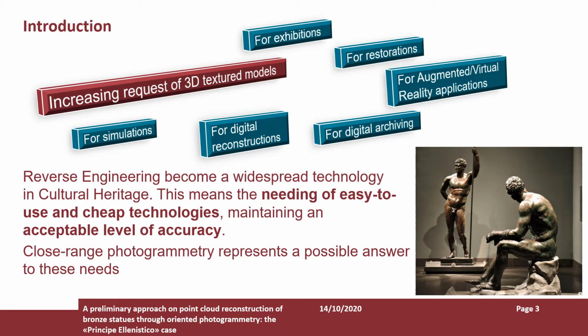In addition, due to difficulties connected to the particular shapes and geometries we have to face, and to the huge number of artifacts that may need to be acquired, it is important to reach a compromise between the accuracy and the speed, which has to be as high as possible, and the cost and the ease of use of the selected procedure.